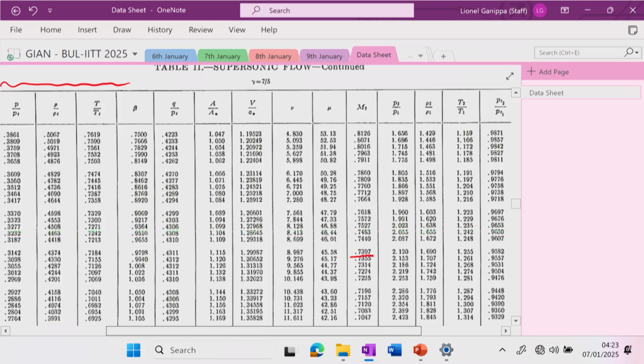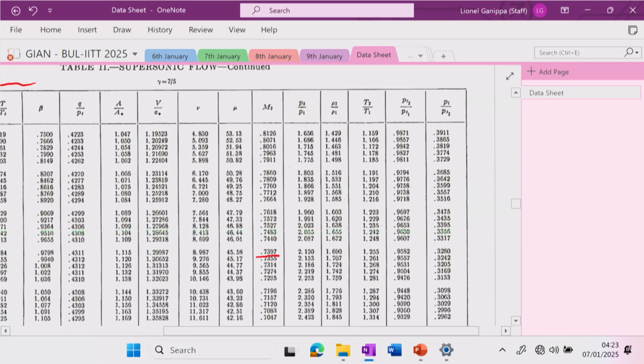How the properties change across the shock is given through these relationships here. Okay, so we will try to use this table and work out a problem.